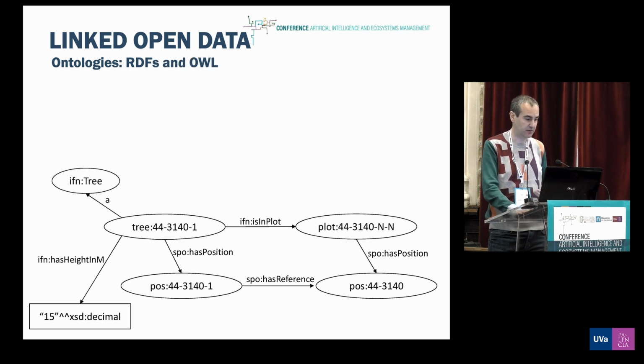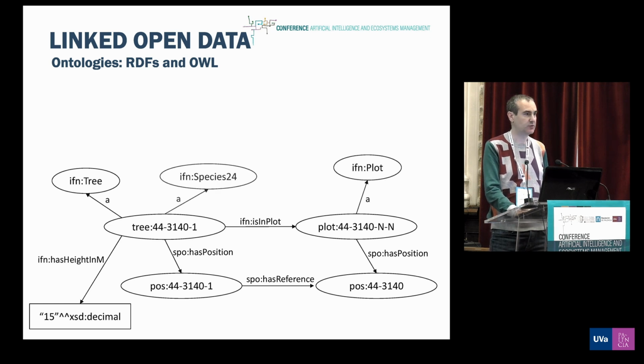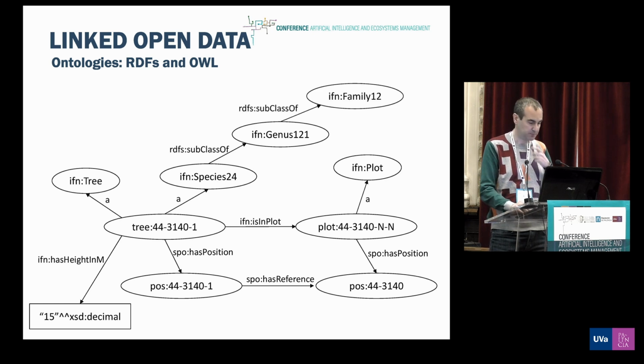For example, using vocabularies developed for that, like RDFS, you can say that this entity is a tree, or this entity is a plot, or more detailed, that this tree has some species. You can even use these vocabularies to describe the schema itself. So you can say that species are a subclass of genus, and genus are a subclass of family.